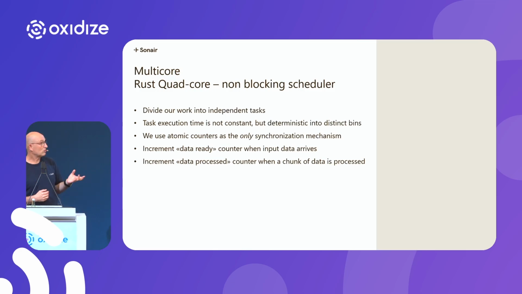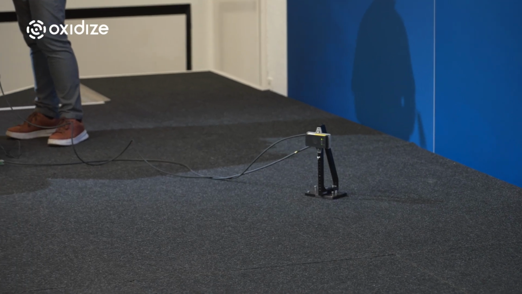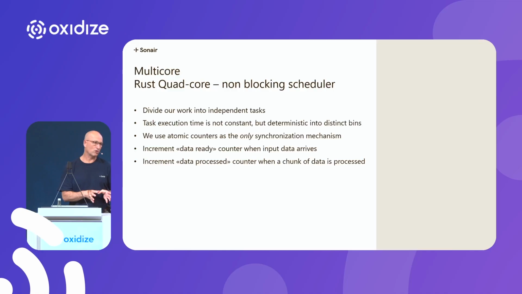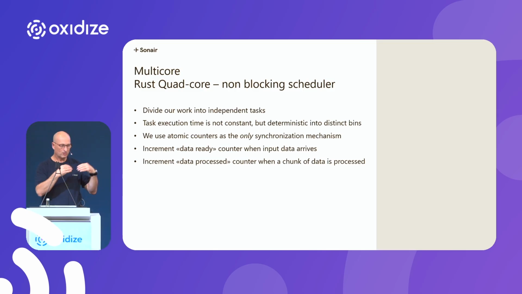And then we use atomic counters as the only synchronization mechanism between the cores. The cores are running on a quad core, so we do have some help from the hardware: the L2 cache is shared. So we can communicate, even though the data lies on the external RAM. Data, of course, arrives over a serial bus with DMA.